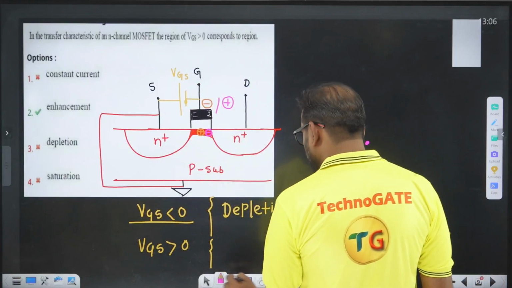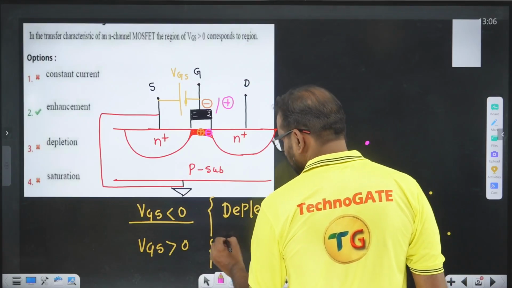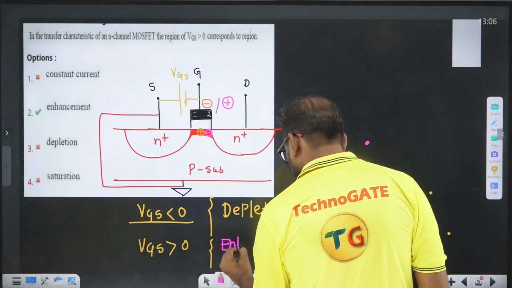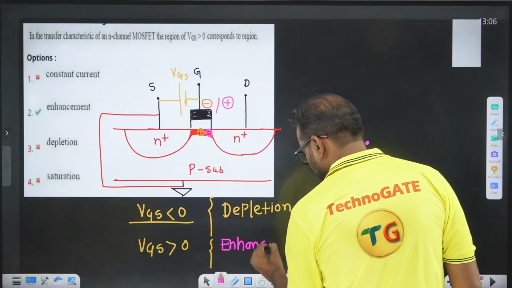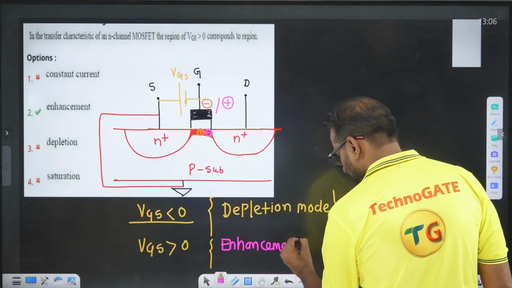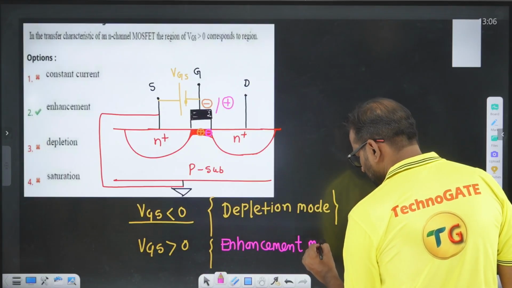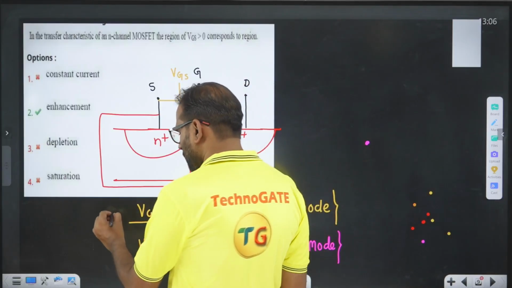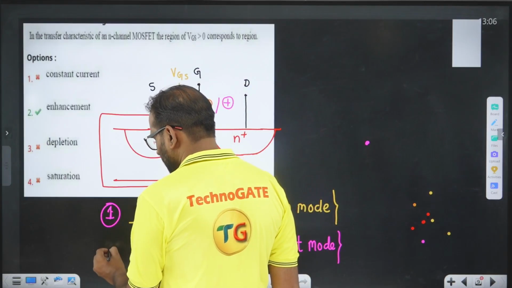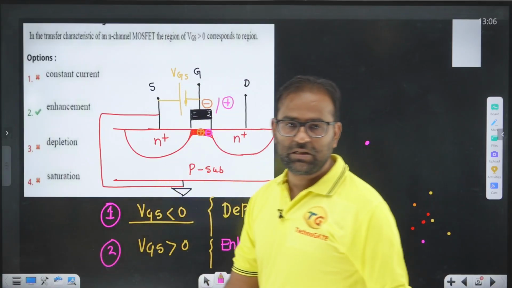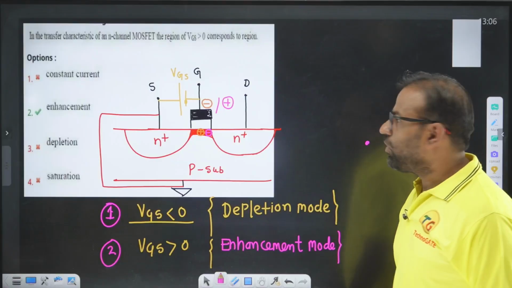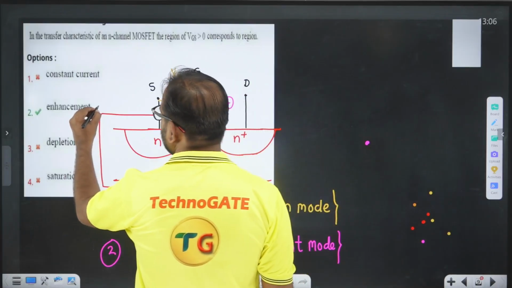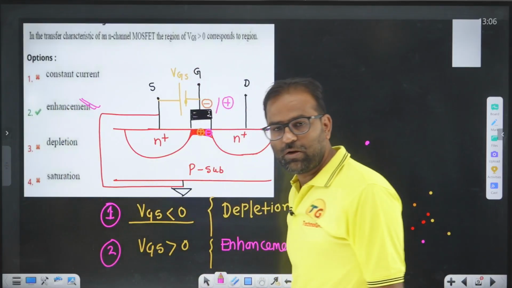So in this case, the channel will enhance, and this is known as enhancement mode. So there are two operations. First operation is depletion mode, and second operation is enhancement mode. Correct? So they are asking for VGS greater than 0, and for VGS greater than 0, our transistor will work in which mode? Enhancement mode. I hope this is clear.